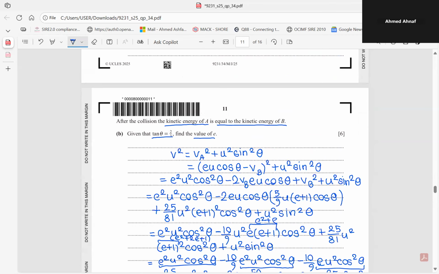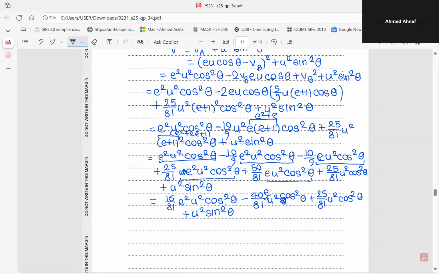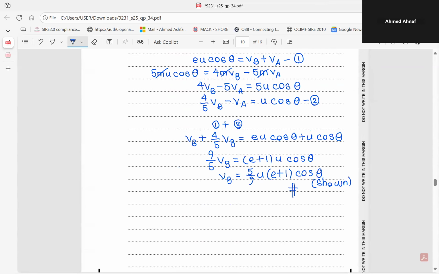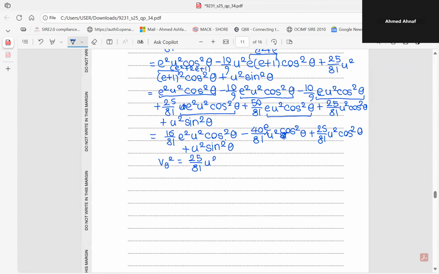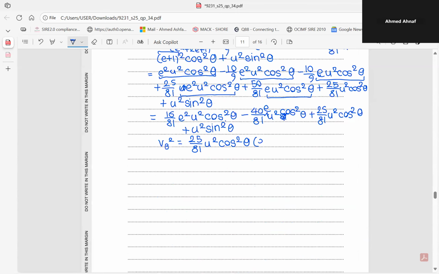As for VB, now let's find VB squared. So VB squared would just be 25 over 81, 5 over 9 squared, u squared cos squared theta, (e plus 1) squared.